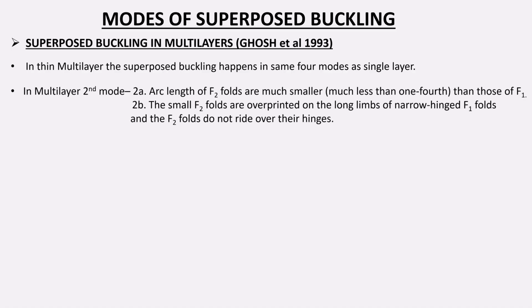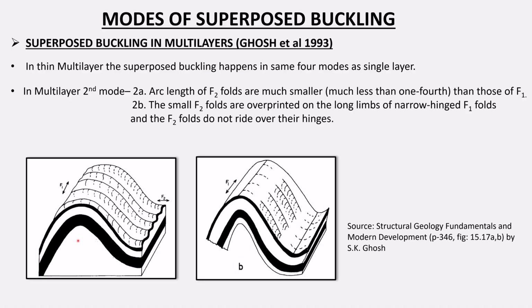But the difference comes in the second mode, where we can see the arc length of the second generation fold is much smaller than the first generation fold, less than one fourth of the first generation fold, and the small folds, as you can see here, the second generation folds are quite small inside.